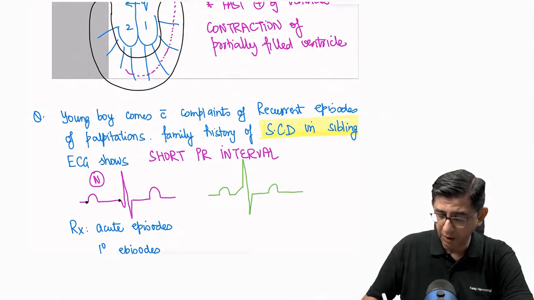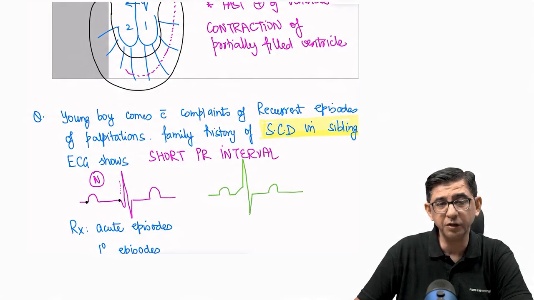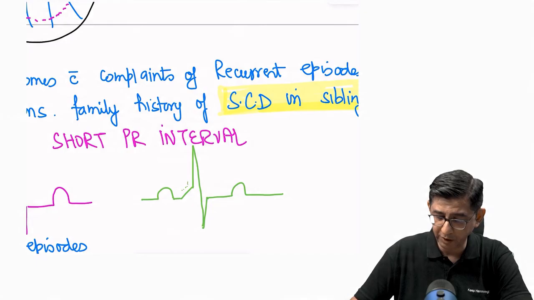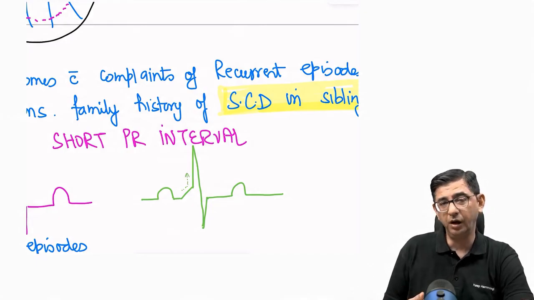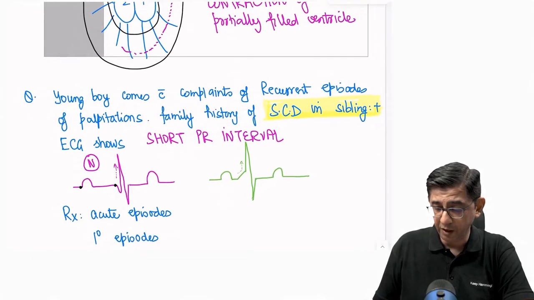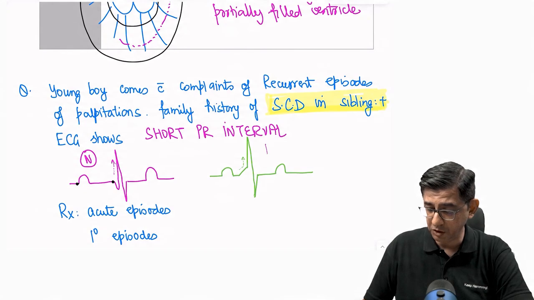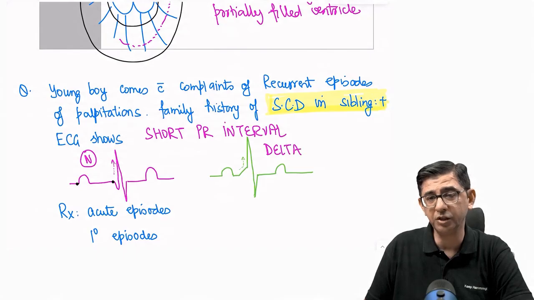Like in you and me, the R wave upswing is very, very straight. But in this case, there is a change in the slope. That again is happening because the current is entering the heart through an abnormal way. So the second important ECG finding of this condition is the change in the slope in the upswing of the R wave. That again indicates abnormal conduction and is what is called a delta wave.